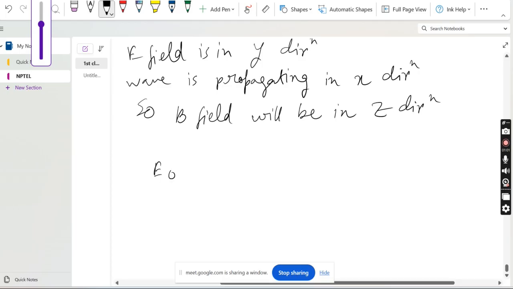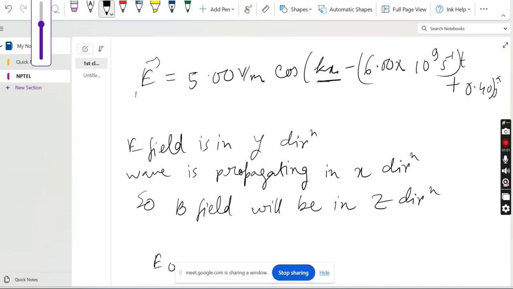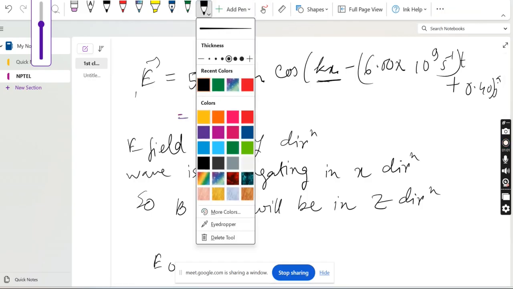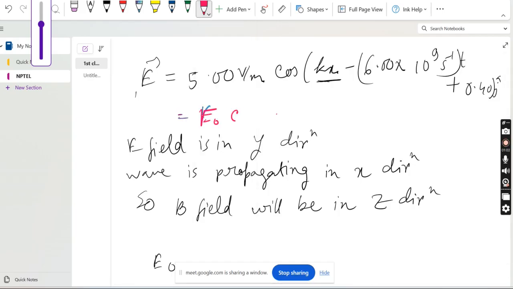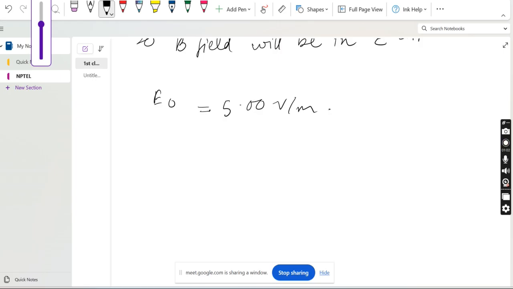So if we compare with E equal to E zero cos of kx minus omega t plus theta, you can write E zero is 5.0 volt per meter.